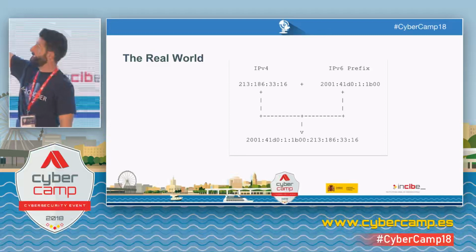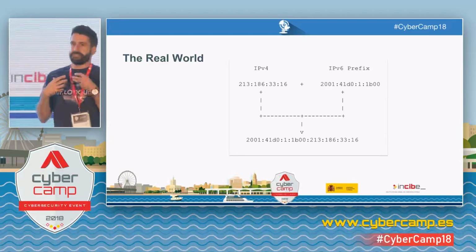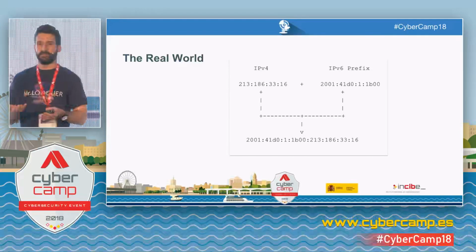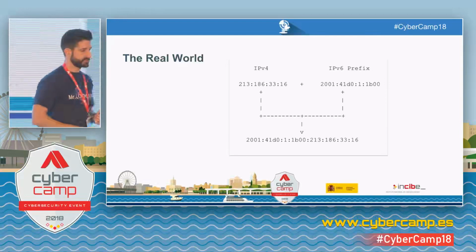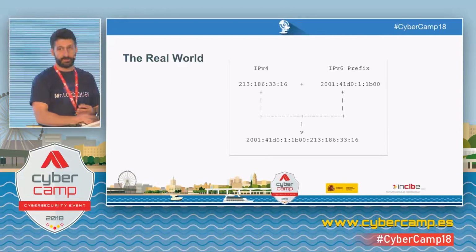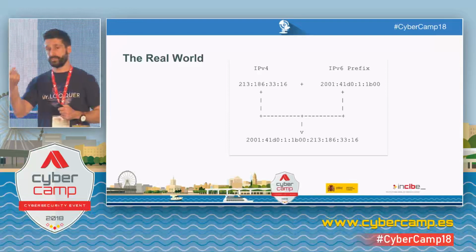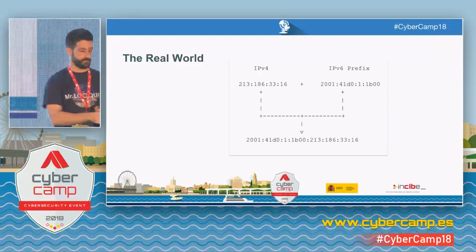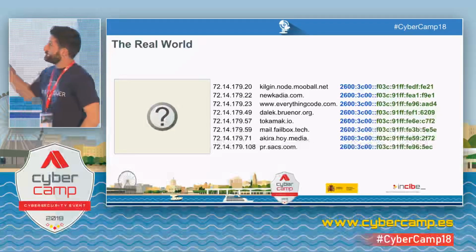If you translate into bits, it's not different because this is decimal and this other thing is hexadecimal. But to make it more legible, more manageable, many organizations are doing this. So this could give us a clue. If we know the public IPv4 address of an organization, we can check whether it is in IPv6.